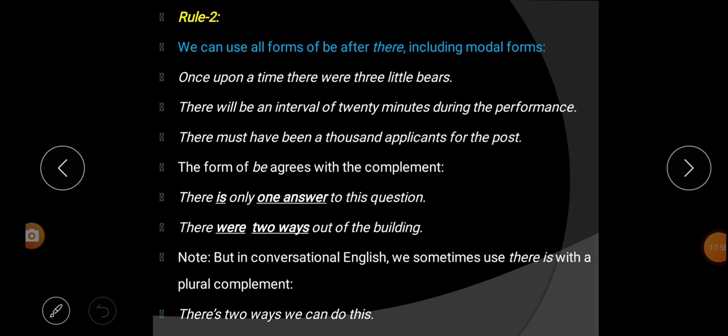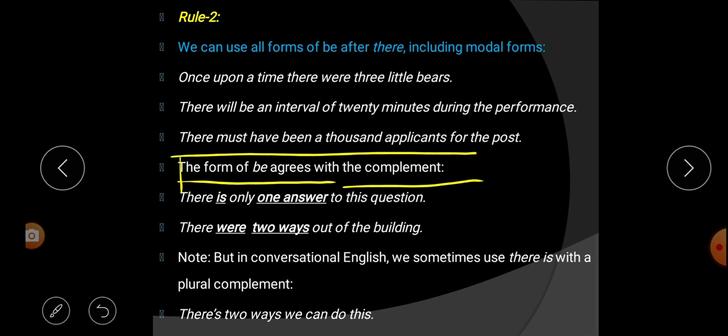Next rule: the form of be agrees with the complement. This is another rule, the form of be agrees with the complement. So what is a complement? Already in the previous class I taught you what a complement is. That means to complete the incomplete sentence, the word or phrase which we use, those words and phrases are called complements.